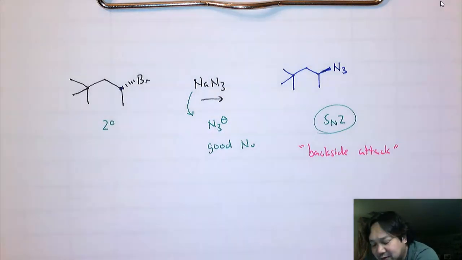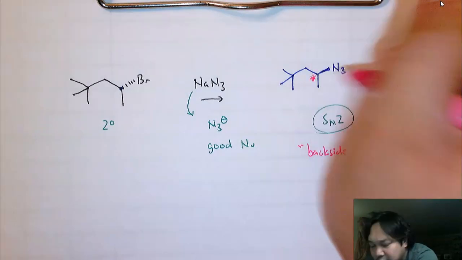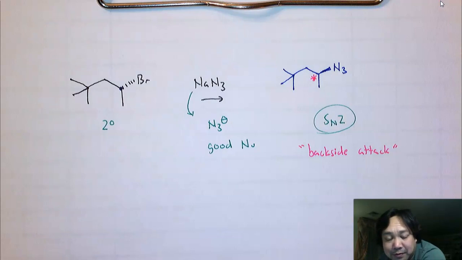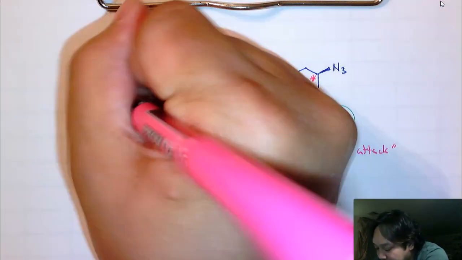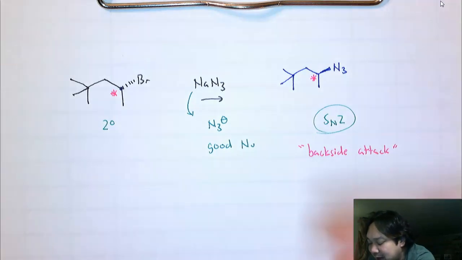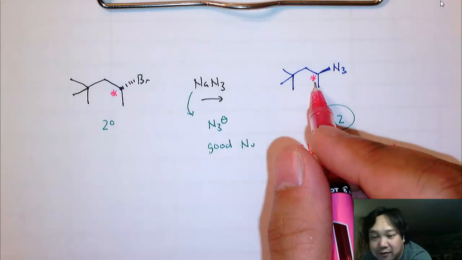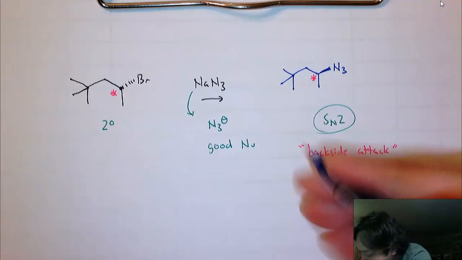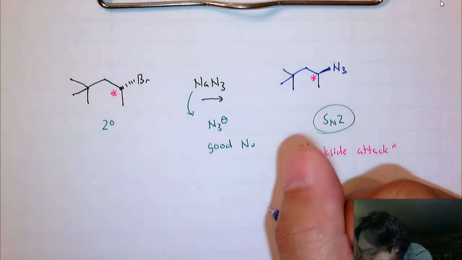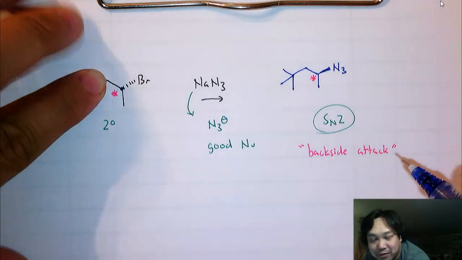Now, you just have to be conscious of the fact that you can only observe this happening if you're doing your reaction on a chiral carbon. It wouldn't have mattered whether it's wedge or dash if this was achiral. Can you imagine if it was achiral? So something like, let's say we just have two methyl groups.